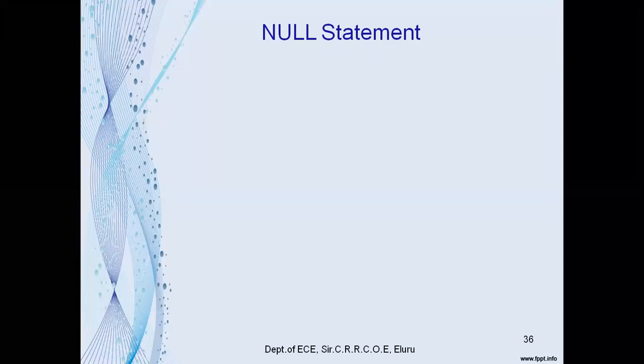There are three forms of the if statement in VHDL: simple if statement, if else statement, and if elsif else statement. The next sequential statement that we have discussed is the case statement.